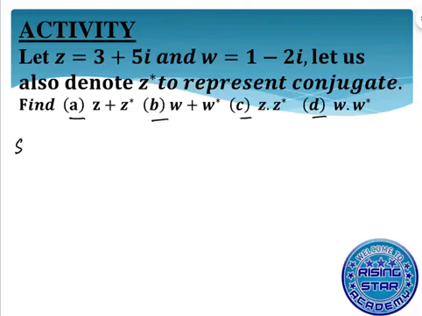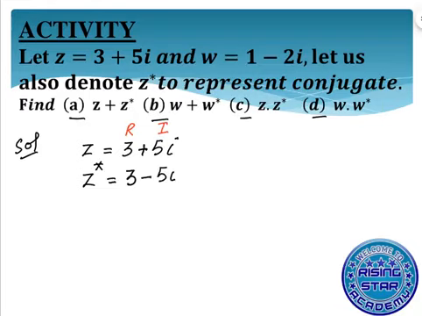So in the first step, z is equal to 3 plus 5i. We know that 3 is the real part and the iota value is the imaginary part. So when we write the conjugate of the complex number, that would become 3 minus 5i.